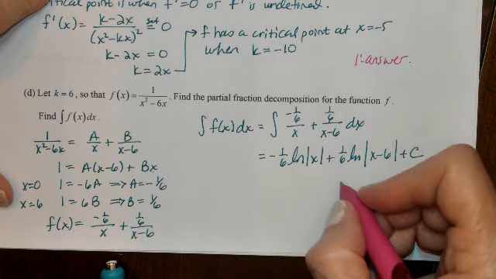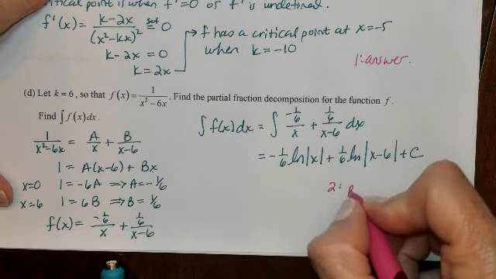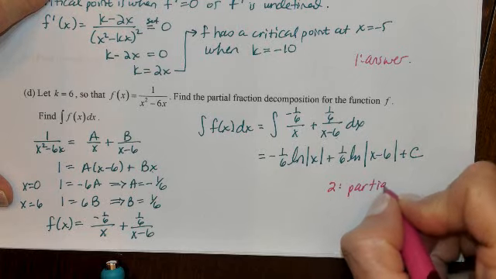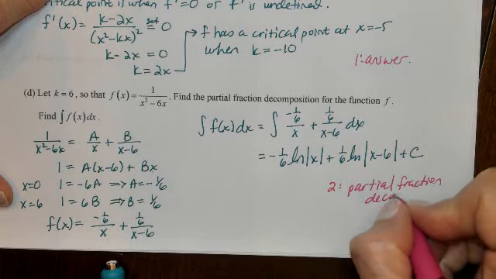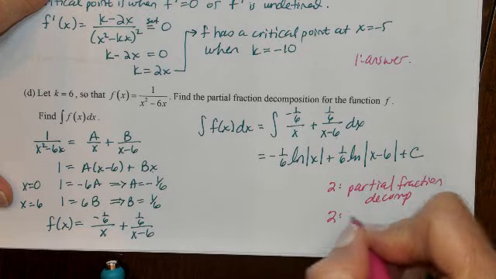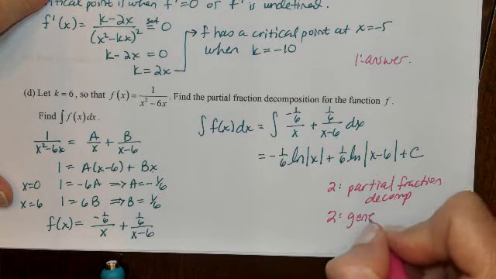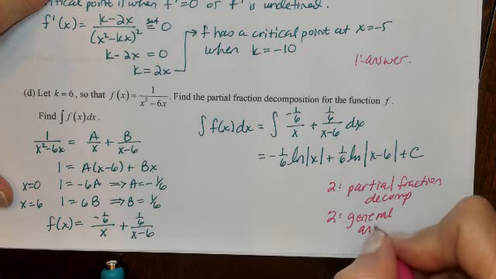This was worth 4 points. 2 points for the partial fraction decomposition, and 2 points for the general antiderivative.